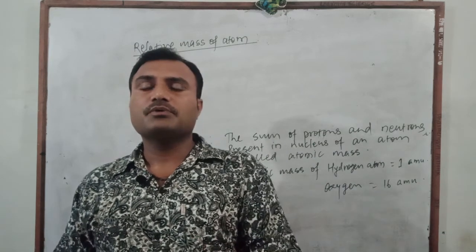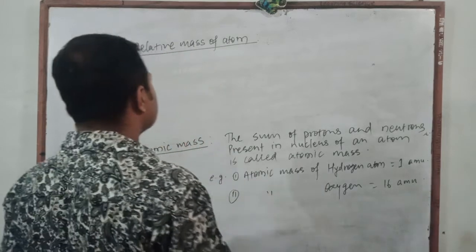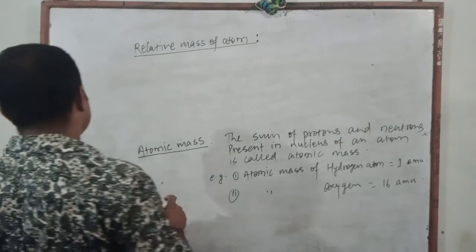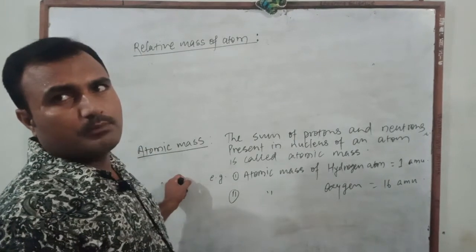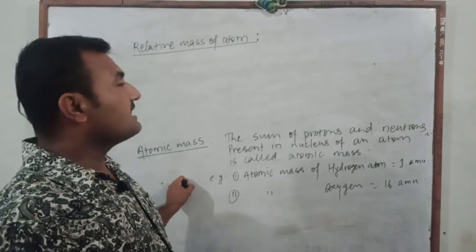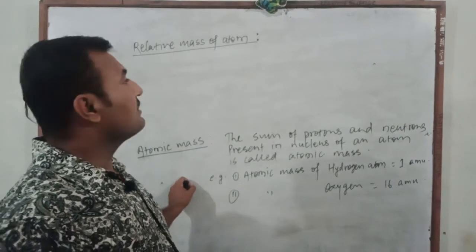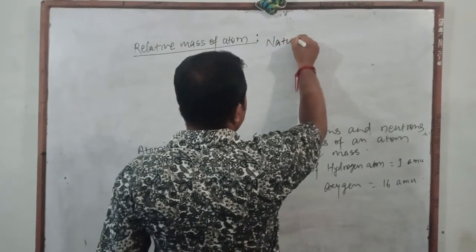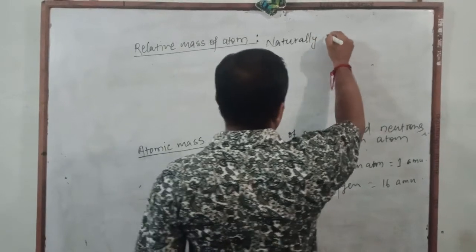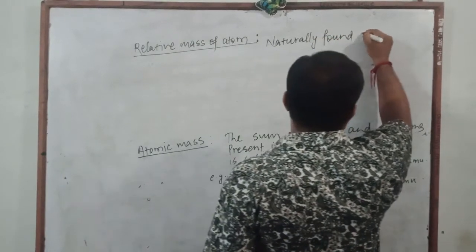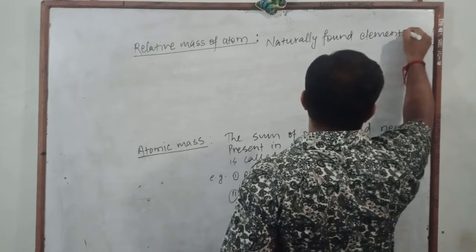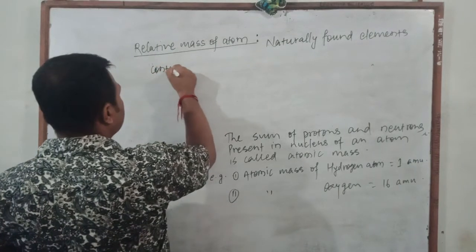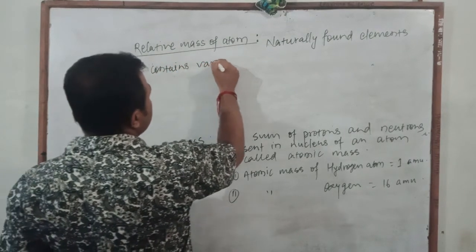That is, electron, proton remains same. Isotopes we can define that here atom having or elements having same atomic number but different atomic mass. That is, number of neutron becomes different, and here we write naturally found elements contains various isotopes.